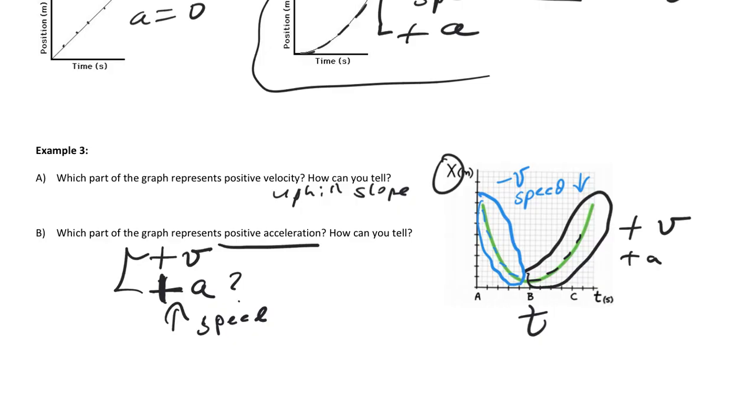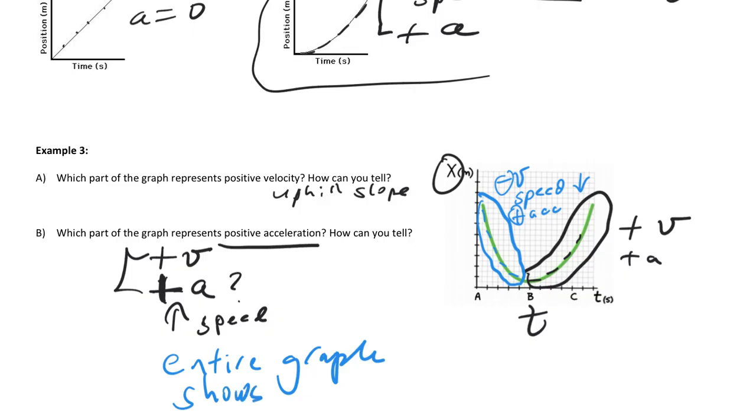And so we would have to have positive acceleration there as well, because the speed's decreasing, these signs have to be opposites. So both sides, the entire graph, shows positive acceleration.